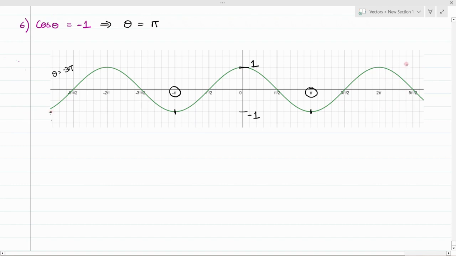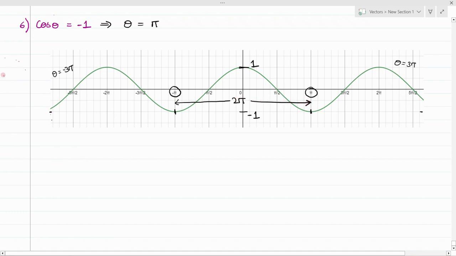Similarly, at theta equal to 3 pi, the cos value is minus 1. The graph is not present, but it is true. So the difference between these two is 2 pi.